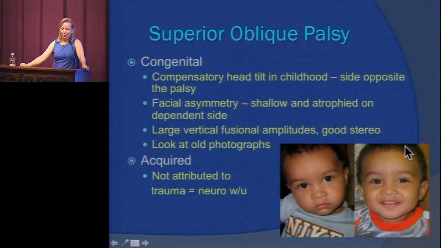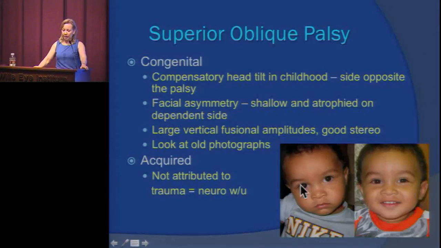In a congenital superior oblique palsy, there's usually a compensatory head tilt, and this is due to the eyes trying to achieve fusion. And you'll see this to the side opposite the palsy. Frequently, this will cause facial asymmetry if it's been long-standing, where they'll get shallowed and atrophied facies on the dependent side.